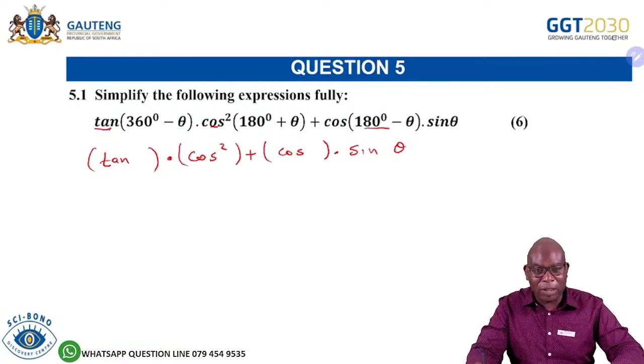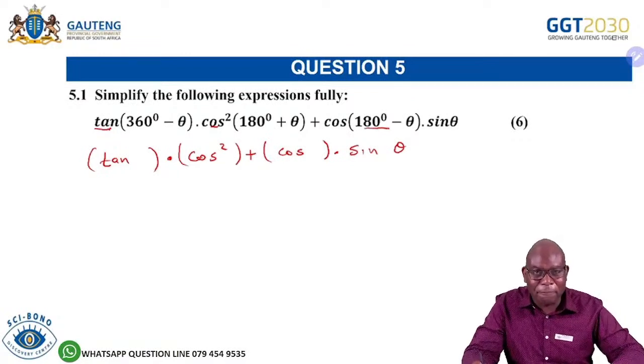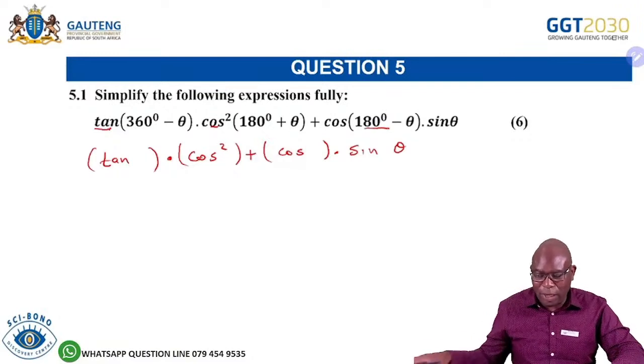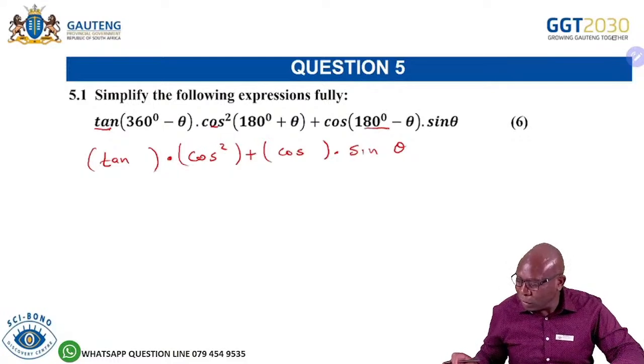Take out your calculators now. Let's check. On the calculator, press tan 360 degrees minus 1, equals. Everybody, I know you got the answer now. Let me do it with you: tan, 360 degrees minus 1, close bracket.